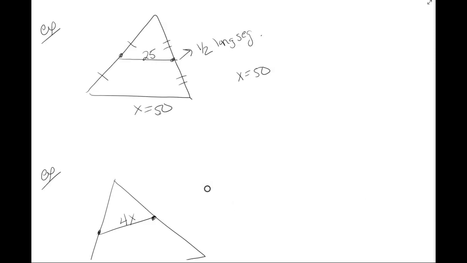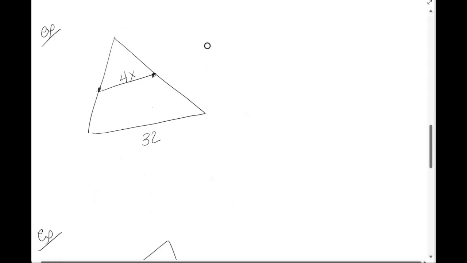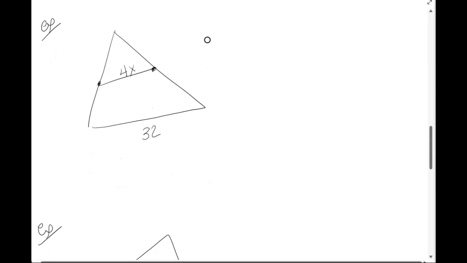All right, so that's really obvious, but what if we have something that looks like this? Something that's less obvious, where we need to solve for X. So there's two ways that you can set this up. You decide which way in your mind seems the most obvious.